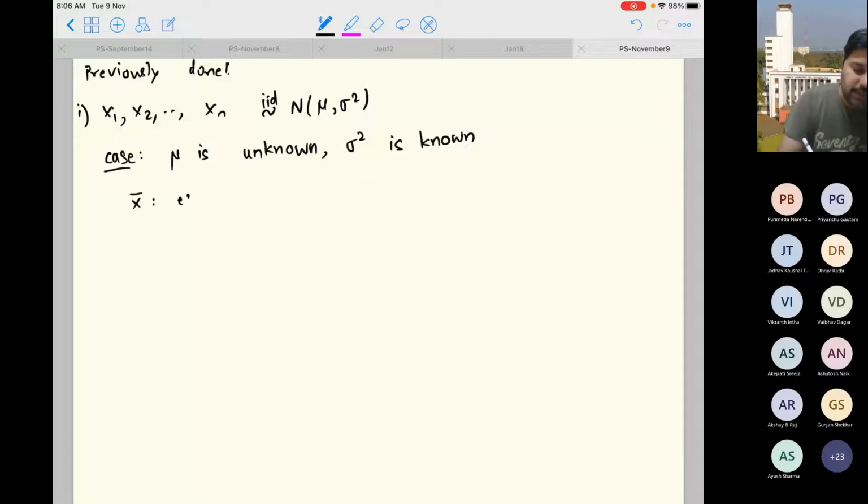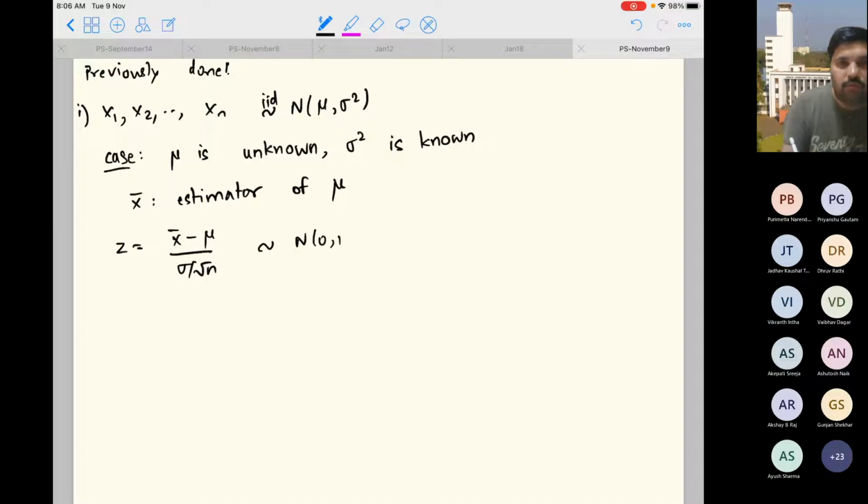X bar as an estimator of mu, and there was a random variable Z we called, which was (X bar minus mu) divided by sigma by root n, and we know that this random variable follows normal density with zero mean and variance 1.